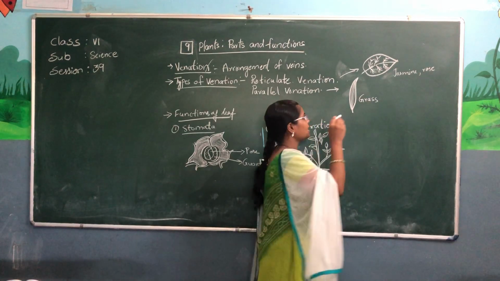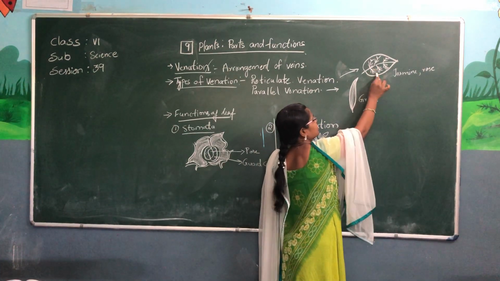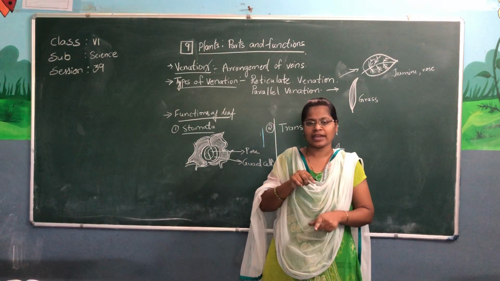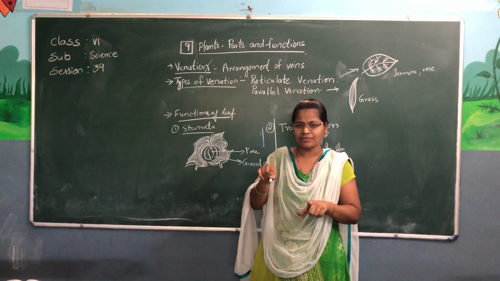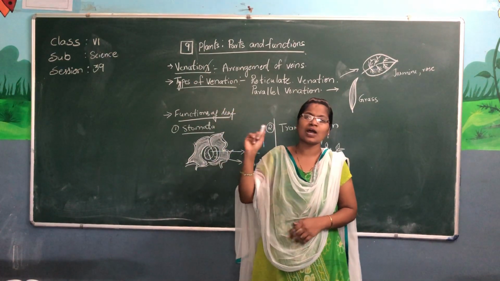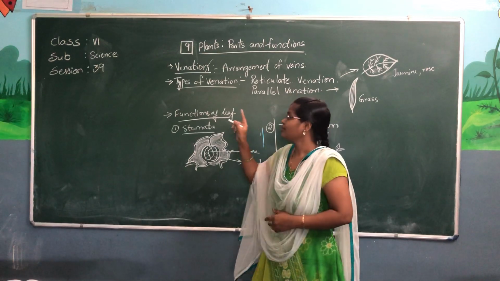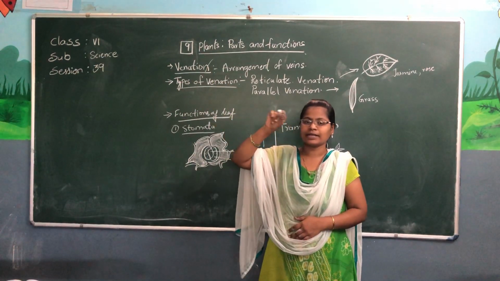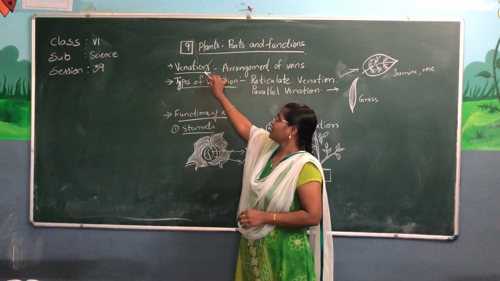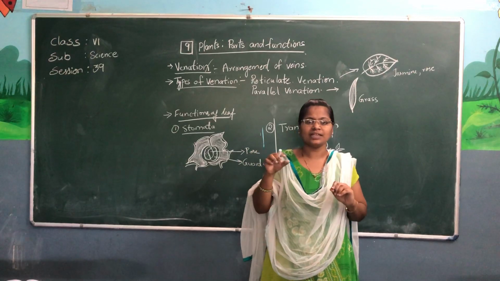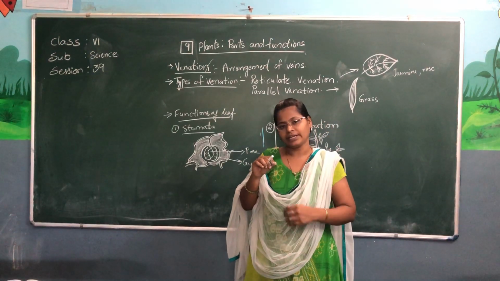The arrangement of veins in the leaf is called venation. We have the definition in the textbook. Read it and underline it. Venation means the arrangement of veins in the leaves.